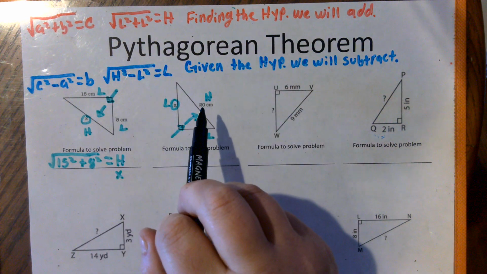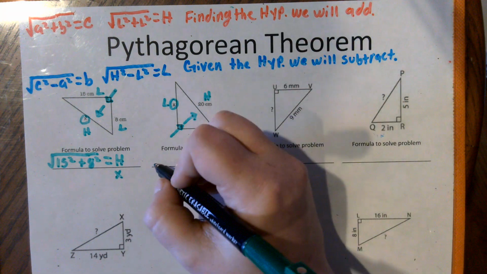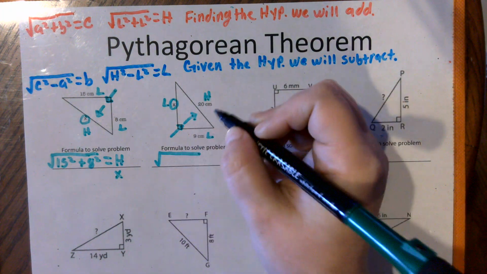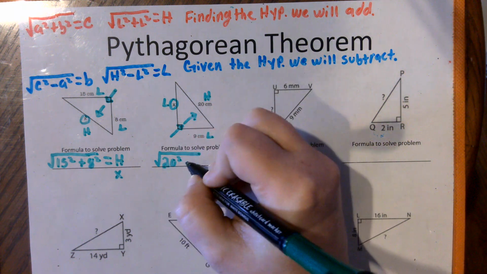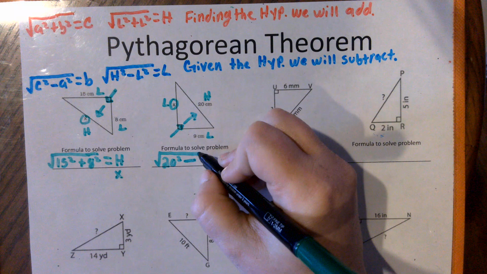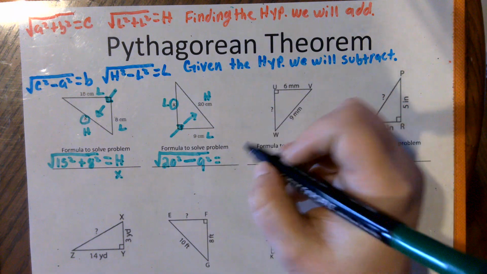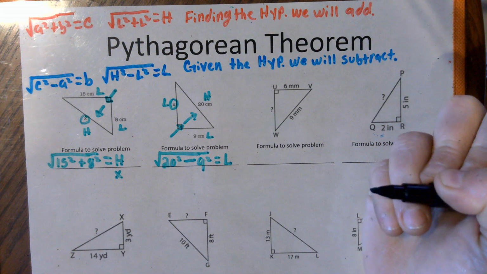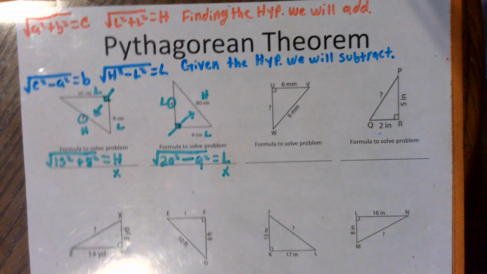If not, you will get an error on your calculator if you try to do a leg, then the hypotenuse. So square root, hypotenuse first, which is going to be our 20 squared, minus our leg, which is 9 squared, will give us our leg, okay? Or x, as it's labeled.